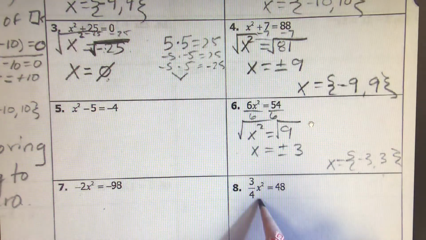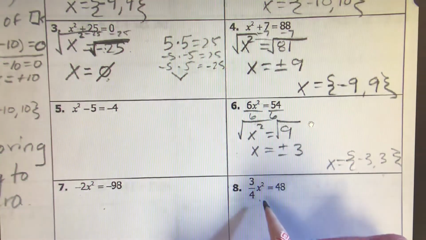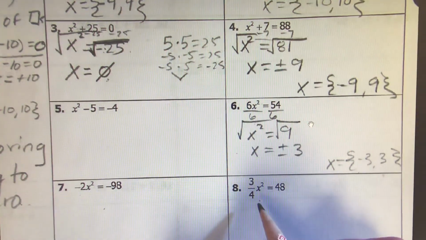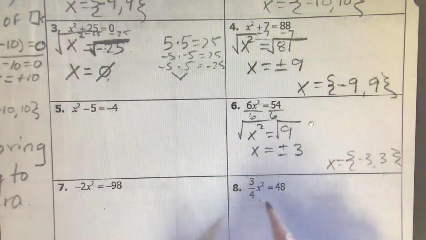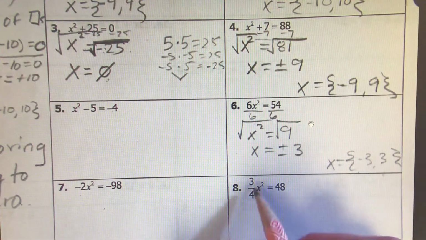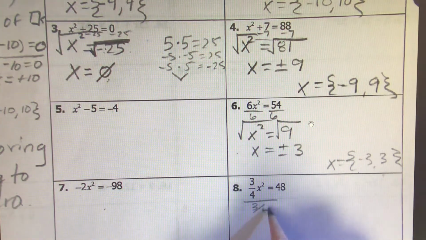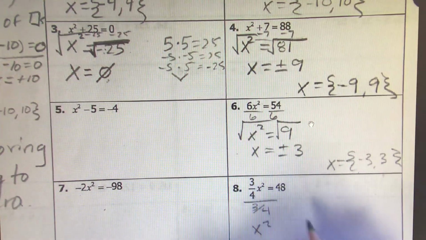If I have a fraction here, we could do that. How would you isolate? If it's a fraction here, I have to divide by 3/4, don't I? So let's pretend I'm dividing by 3/4.